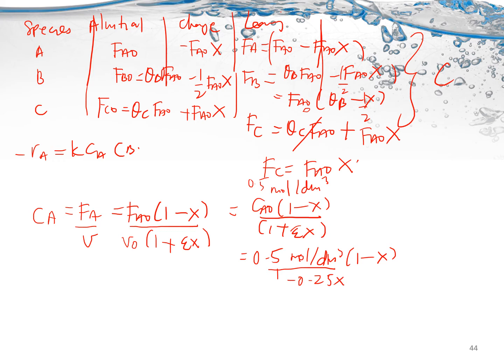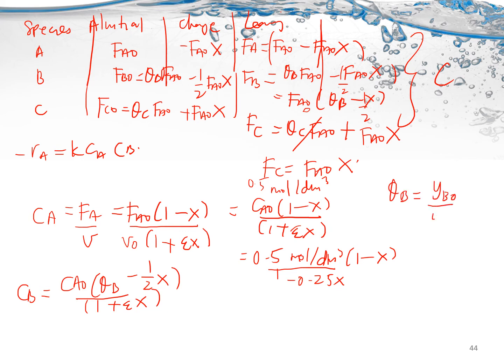Then you have CB. CB we translate directly, since it is similar to A. You will have CA0 times theta B minus half X, over 1 plus epsilon X. So you need to get theta B. Remember, theta B is equal to yB0 over yA0.